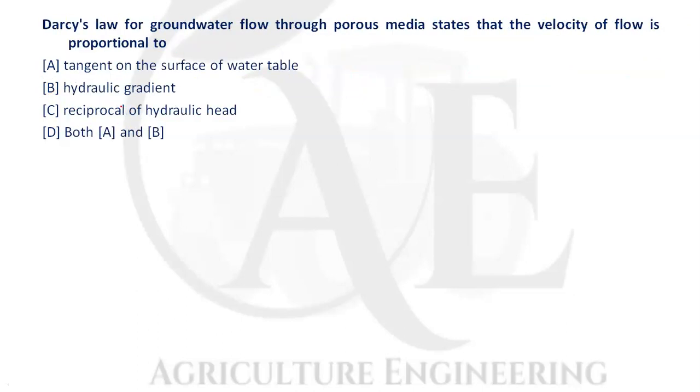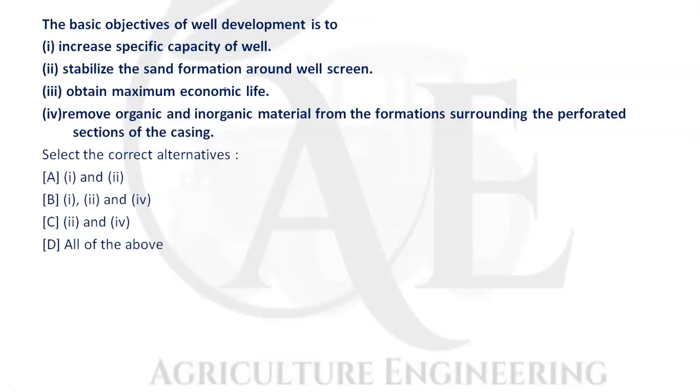Next question: Darcy's law for groundwater flow through porous media states that the velocity of flow is proportional to the hydraulic gradient. Option B is the correct answer. Next question: the basic objectives of well development.